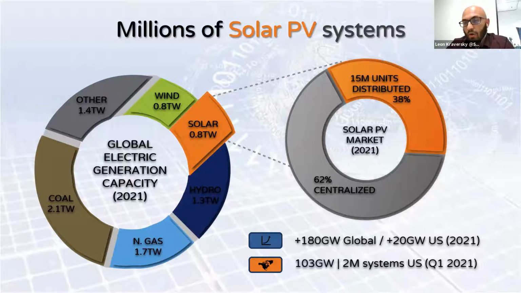You can see that the US alone, with its roughly 103 gigawatts, is more than 2 million systems, and there are of course millions more in other countries. So this has held a lot of solar units, and we are going to have great many more over the coming decade, tens of millions more actually.